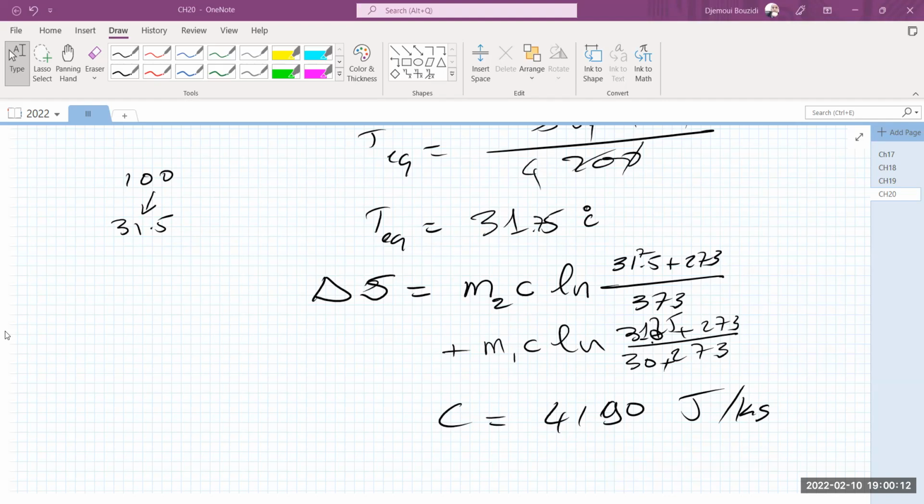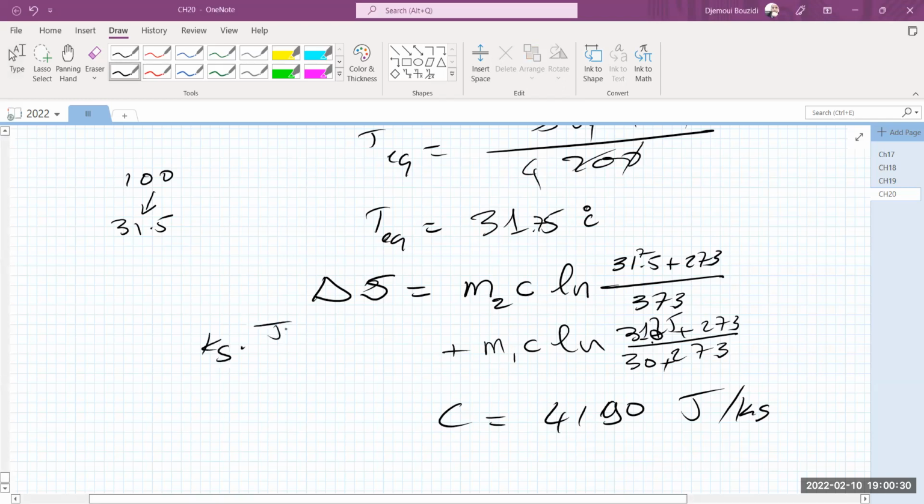Okay, it's telling me the net difference between them is 471 joules. What are the units now? So this is kilogram, and this is joules per kilogram per Kelvin. So the kilogram cancels the kilogram, so it's going to be joule per Kelvin at the end of the day.